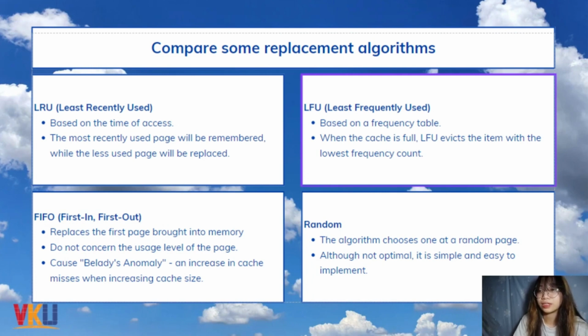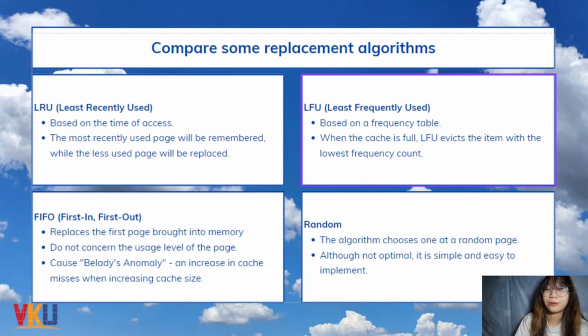It is simple, but it doesn't care about the usage level of the page and can cause Belady's anomaly. This phenomenon, known as Belady's anomaly, occurs in cache replacement algorithms, where increasing cache size can lead to an increase in cache misses.